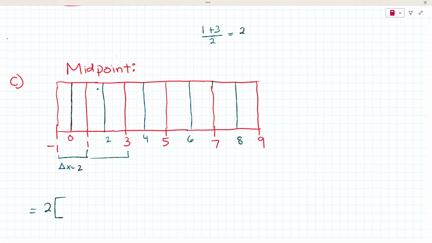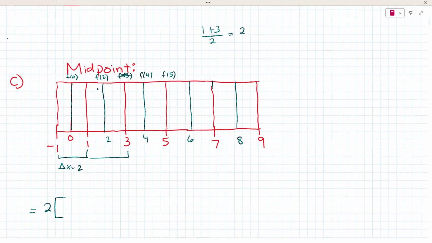So we need f of 0. What else? We need f of 2, f of 4. Wait, no. No, no, no. So we're going midway. So from -1 to 1, it's f of 0. From 1 to 3, f of 2. From 3 to 5, f of 4.